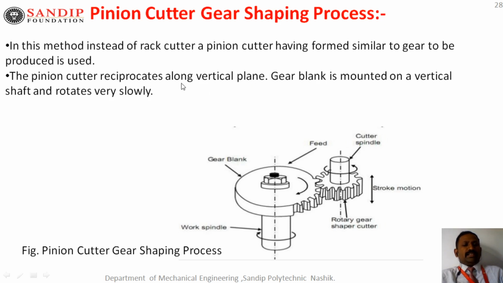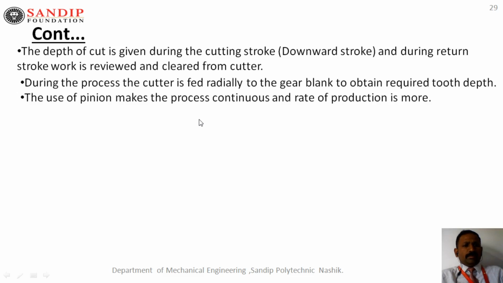So the pinion cutter reciprocates along the vertical plane, and the gear blank is also mounted on a vertical shaft and rotates very slowly against the feed in the downward direction. So the depth of cut is given during the cutting stroke in the downward direction. During this process, the cutter is fed radially to the gear blank to obtain the required depth.